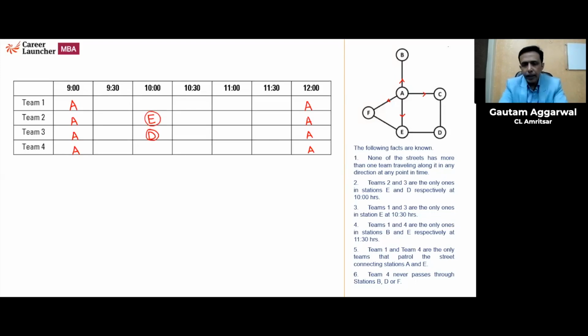Then they say Team 1 and Team 3 are the only ones at station E at 10:30. So at 10:30, Team 1 was at E and Team 3 was also at E. Again, the only teams here, that means none of the other teams could be at station E at this time. Team 1 and 4 respectively were at B and E, so Team 1 should be at B and Team 4 should be at E at 11:30.